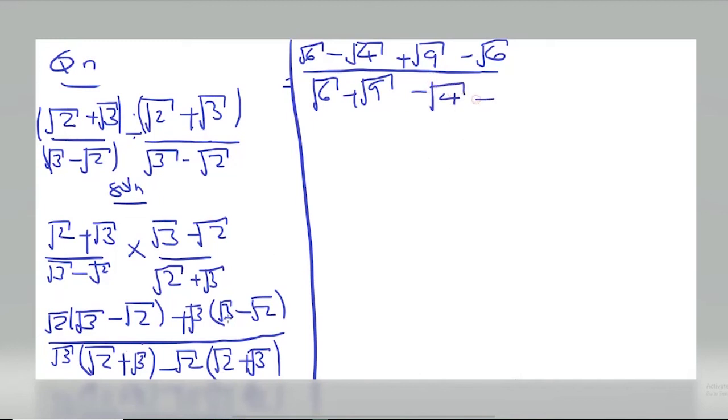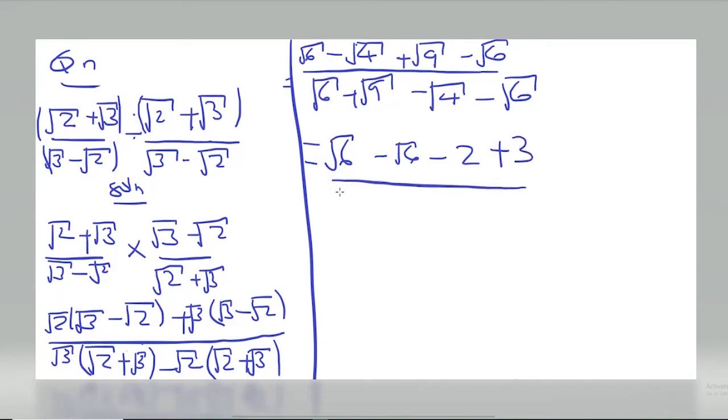Then negative 2 under root times 3 under root is equal to 6 under root. Now this one will be equal to 6 under root, then minus this one 6 under root, then minus 4 under root of 4 is 2, negative, then plus 3 over under root of 6 minus under root of 6. I'm trying to correct the right terms.